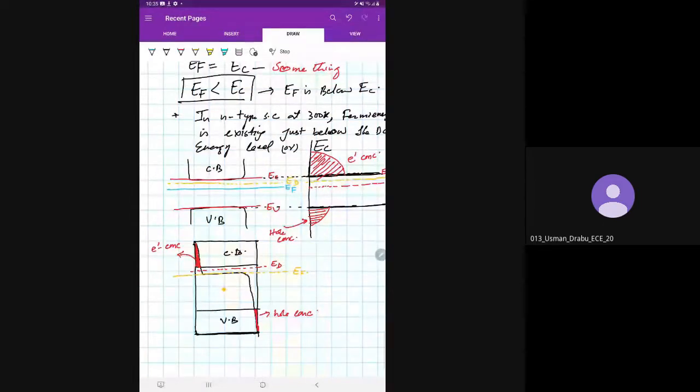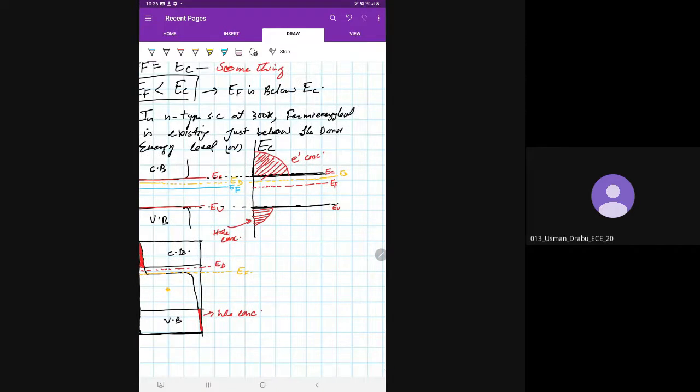So in this diagram, which was the previous diagram, these are basically the density of states in the conduction band and valence band. This is density of states. When it is the valence band, it means holes.